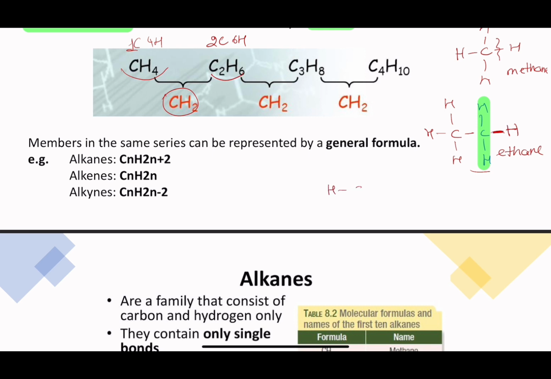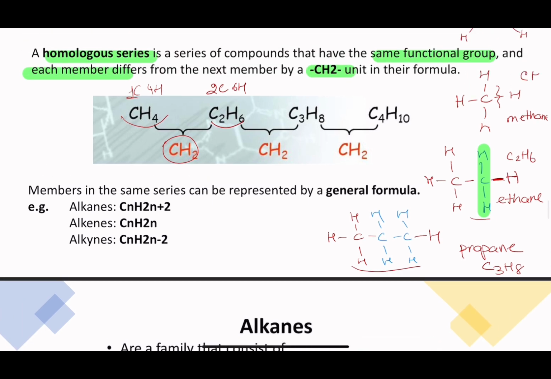Look at this. So I'm adding it. Now it will be propane. So propane, the formula is C3H8. Okay, this is C2H6 and this is CH4. So we went from methane to ethane to propane by only adding CH2 groups.